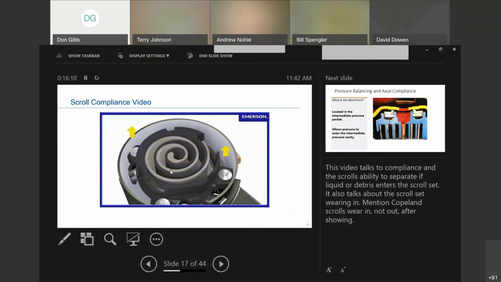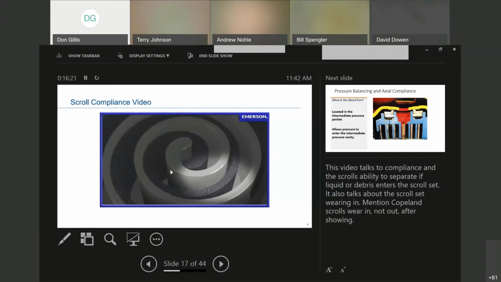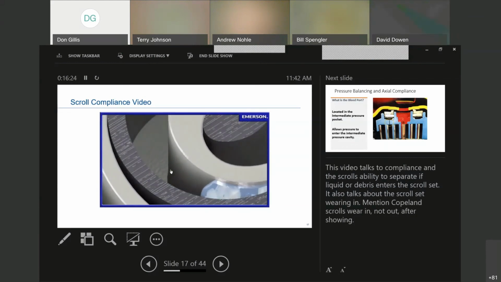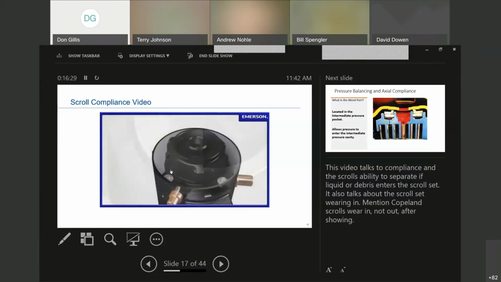Axial contact is maintained through positive pressure differential between the stationary and orbiting scrolls. In the event liquid refrigerant enters the scroll cavity, the radial and axial compliance allows the scrolls to separate, safely passing the liquid out of the scroll cavity without damaging the compressor.